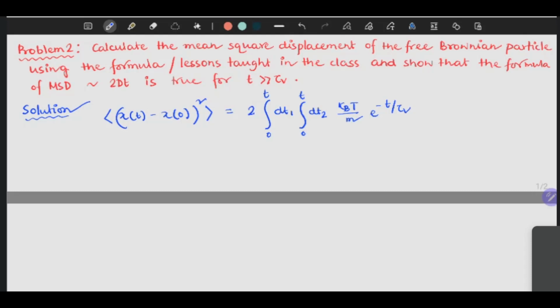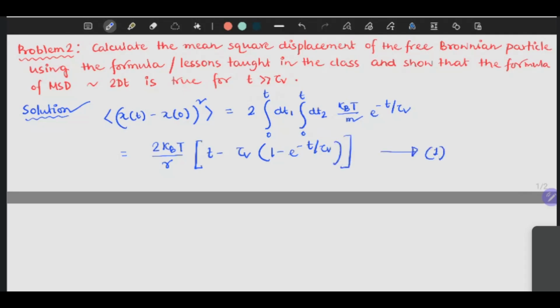Now if you solve it, please refer to the lectures, it becomes 2kBT by gamma into t minus tau_v into 1 minus e to the power minus t by tau_v.